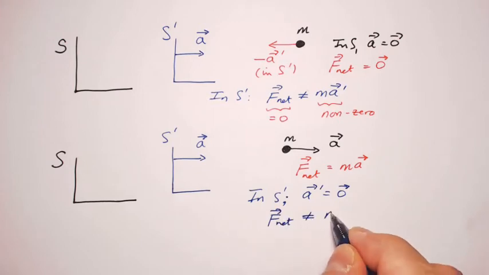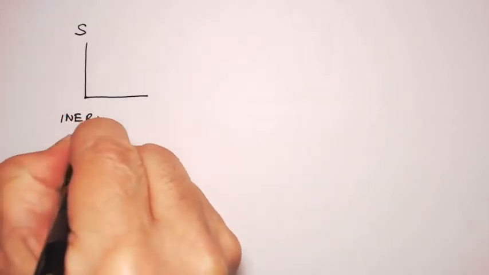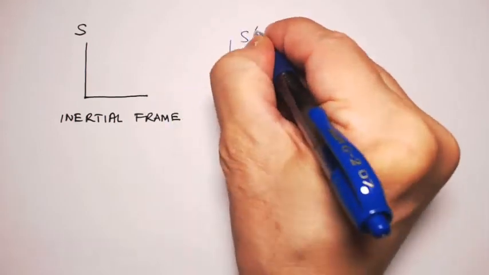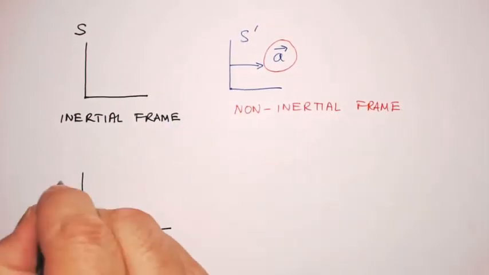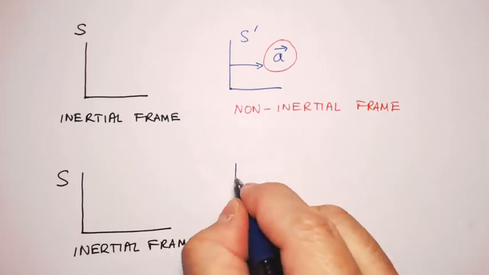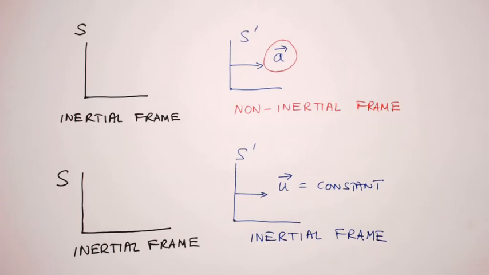And once again, Newton's first two laws are not valid in the accelerating frame, so an accelerating frame is not an inertial frame. If, measured in a first frame that is inertial, a second frame that is accelerating is non-inertial, it follows that a second inertial frame can only move with constant velocity relative to the first inertial frame. Therefore, all inertial frames move with constant velocity relative to each other.